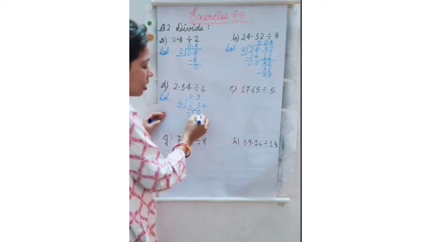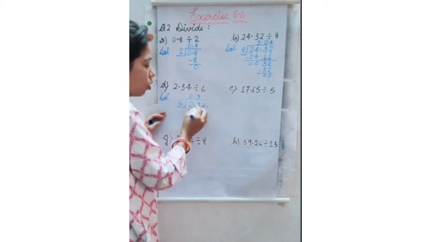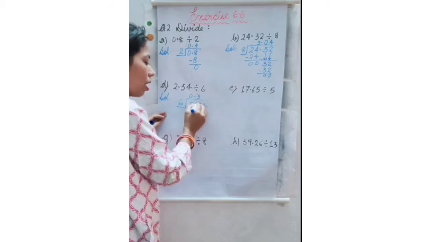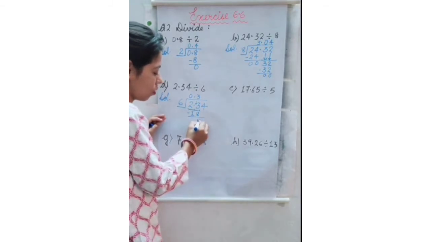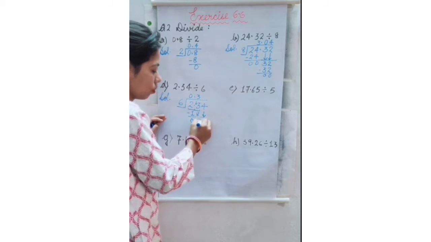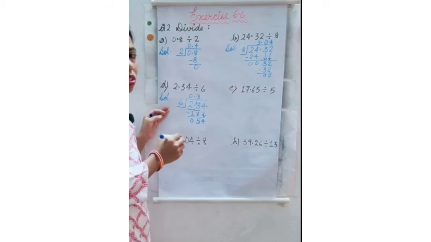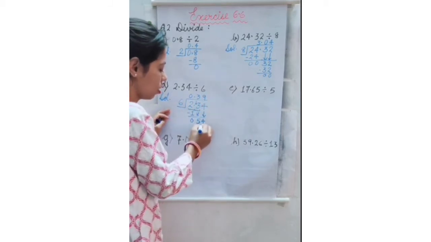And when we will subtract this 8 from 3, we won't be able to subtract. So what we will do, we will take help from the neighbor. This 3 will take help from the neighbor too and will become 13. And when we will subtract this 8 from 13, we will get 5. Now we will bring this 4 down. So 6 9s are 54.